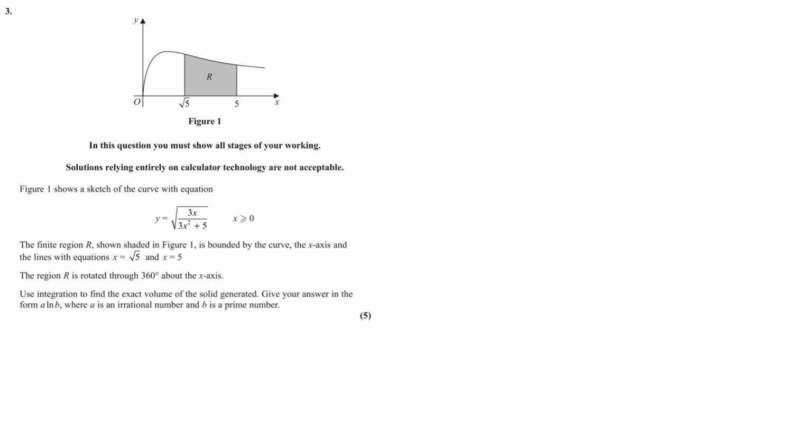Okay, so we've got this curve here and it is rotated 360 degrees, or 2 pi. So this should be just a nice integration. So for the volume, we've got pi times, and it's between a and b, y squared dx. So that's what we're looking at.